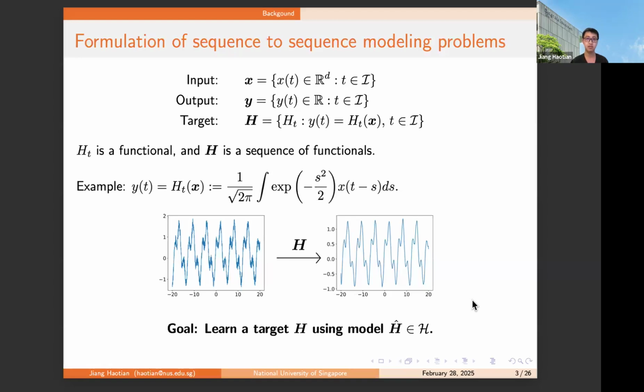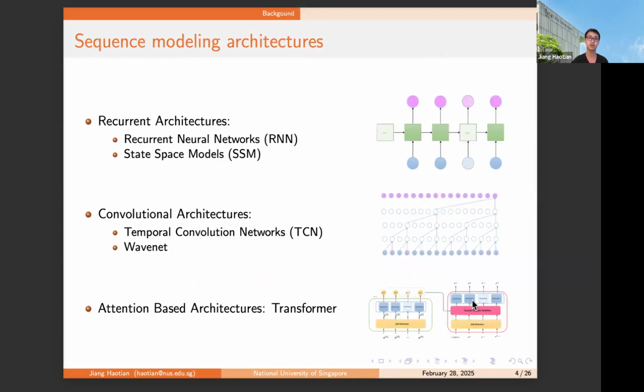In sequence modeling applications, there are different architectures, and I listed here three main families. First is the recurrent ones. The recurrent architecture consists of a recurrent hidden unit, which is updated recurrently based on the inputs at each time step.